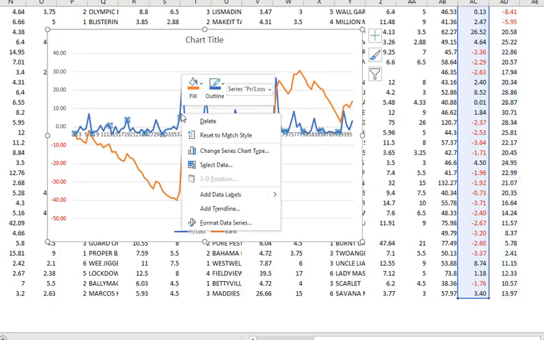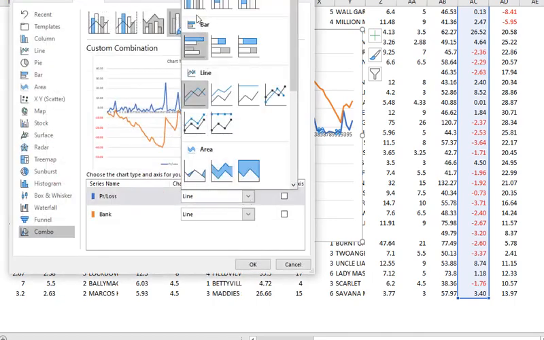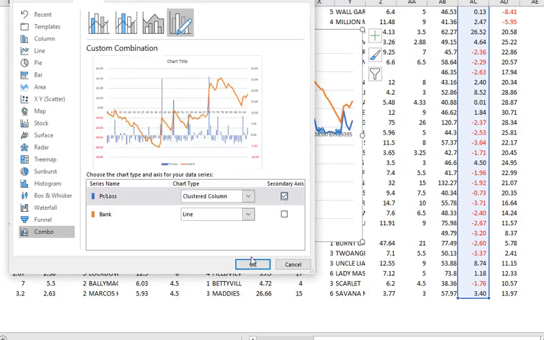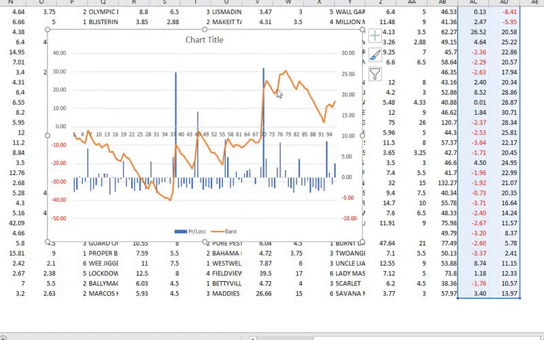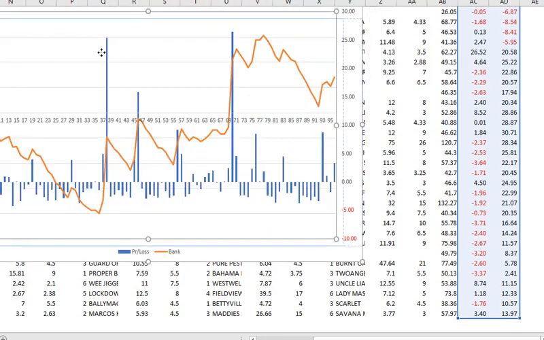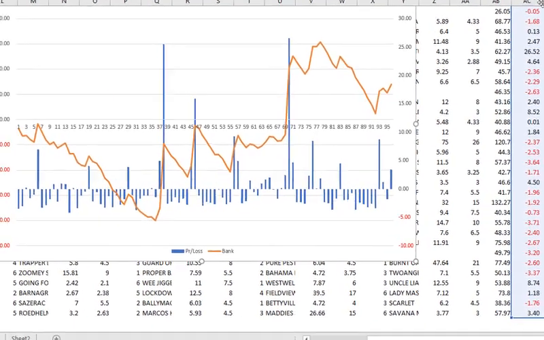Obviously the orange graph is the growth, the bank growth.